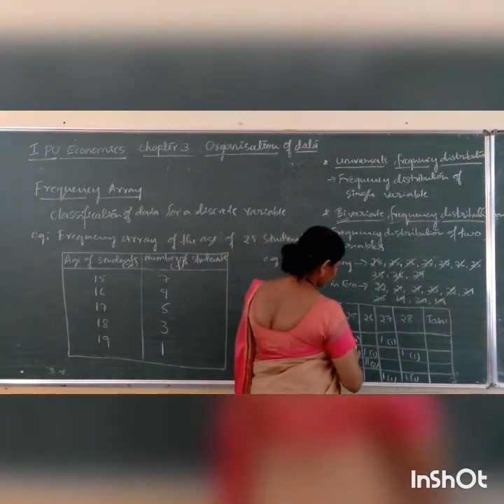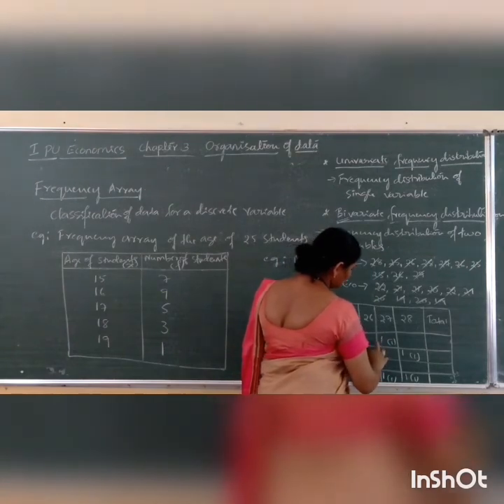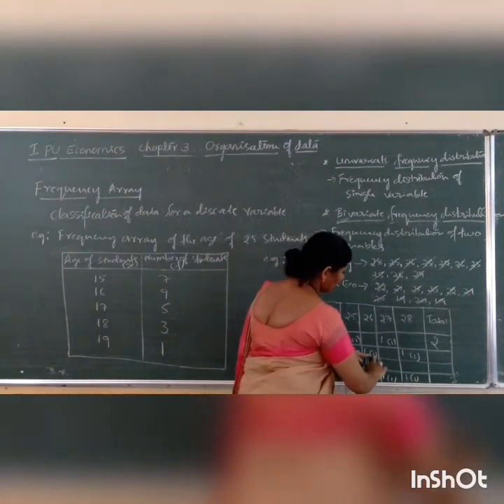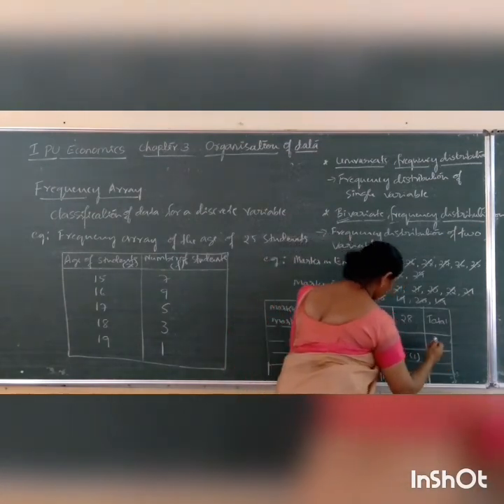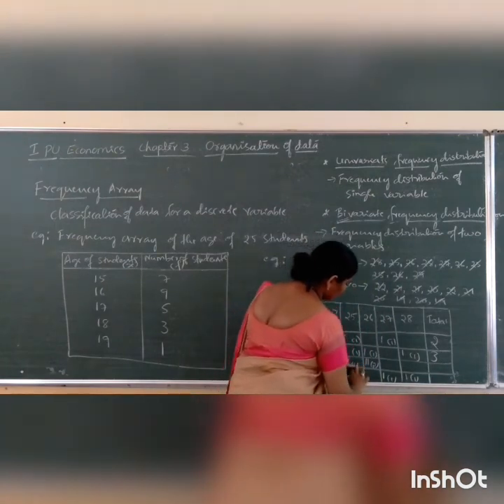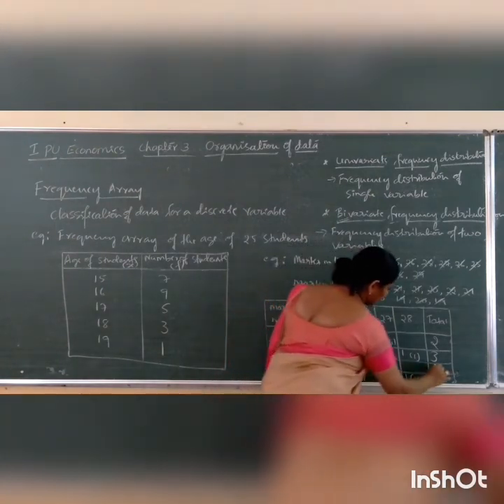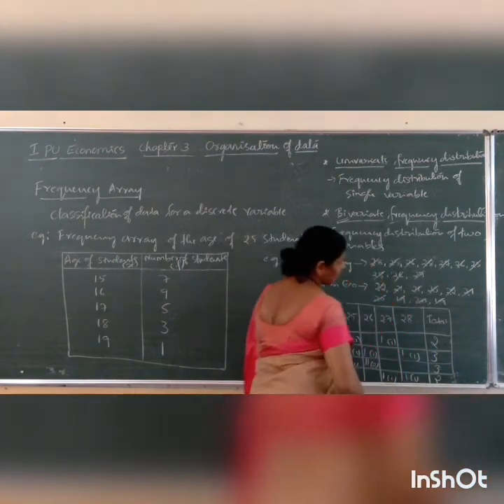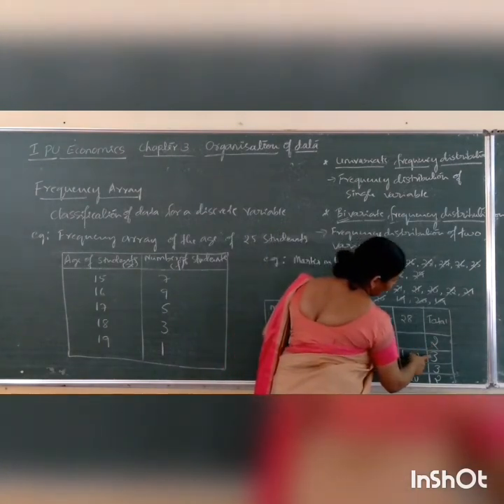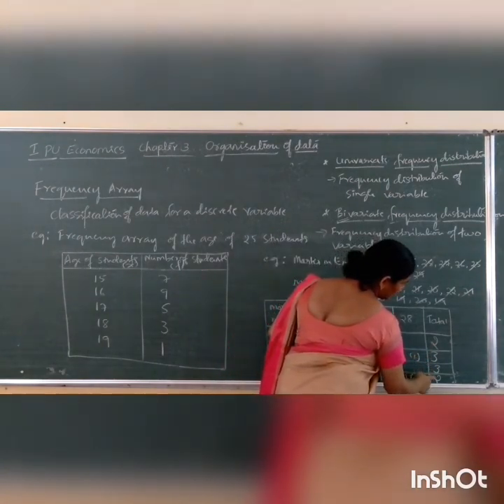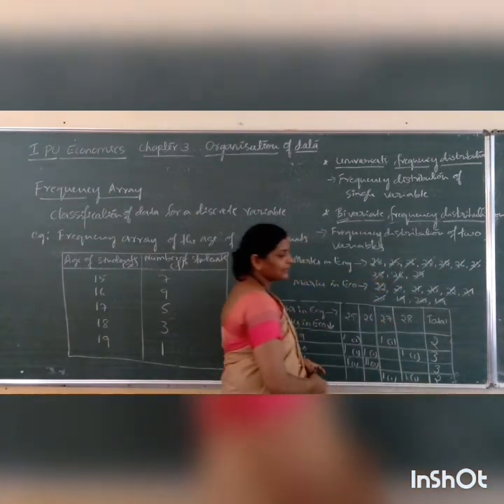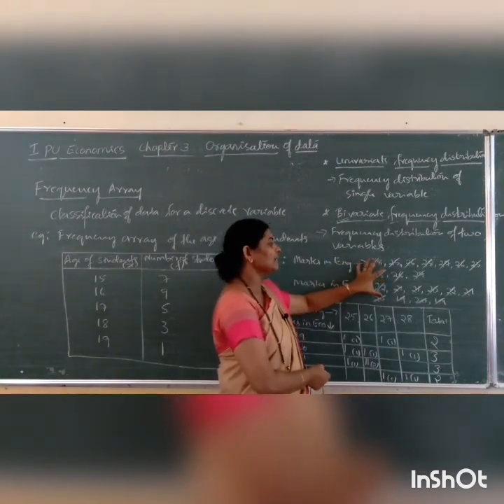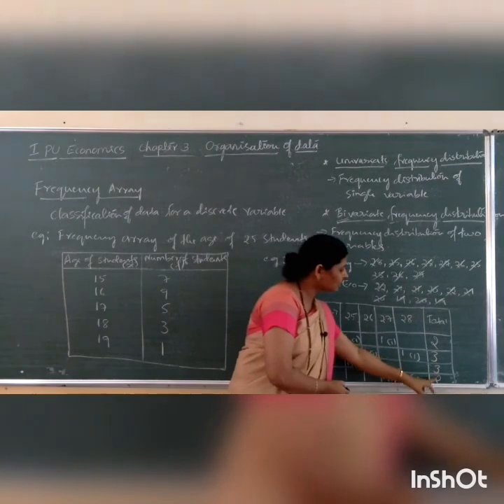So now we take the total: 1, 2, then 3, then 5 plus 3, 8, 9, 10. Its total is 10. So here 10 students marks are given. Okay, we got the total here 10.